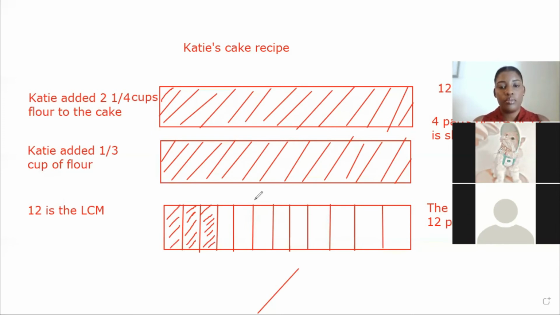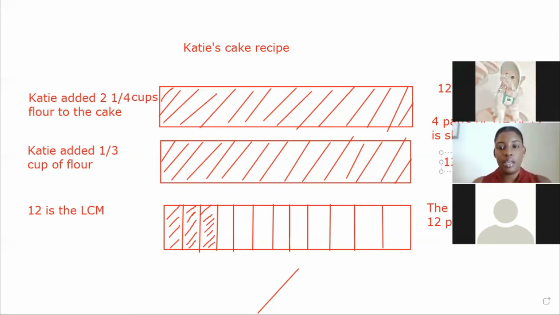Yes, miss. So now we need to find out what is 1/3 of 12. Similarly to how we divided 12 by 4 to find out what is a quarter, we can divide 12 by 3 to find out.